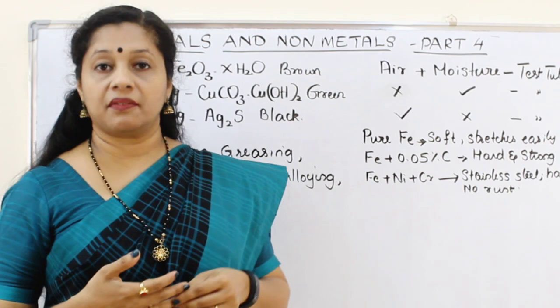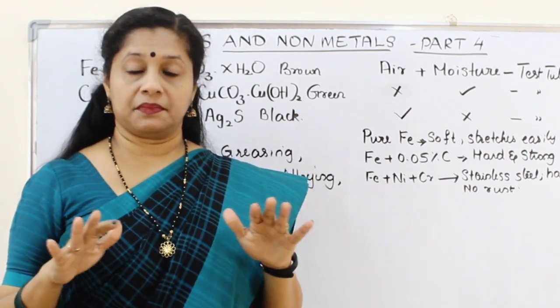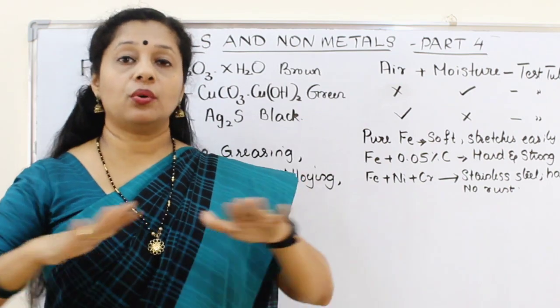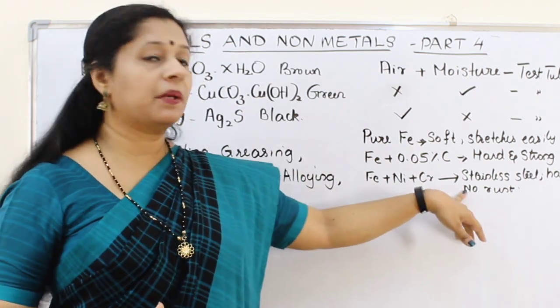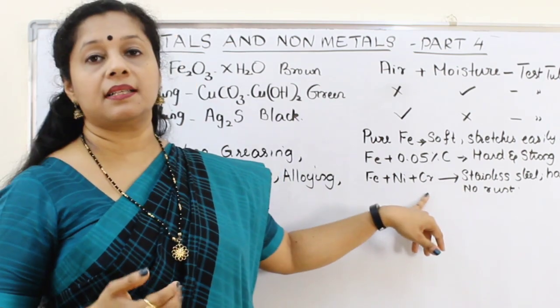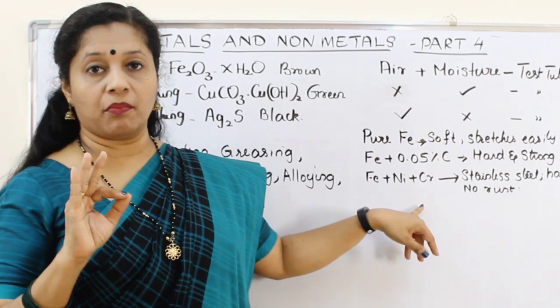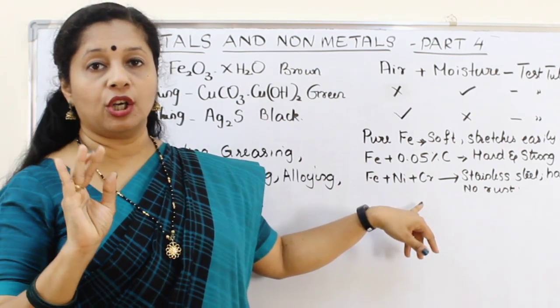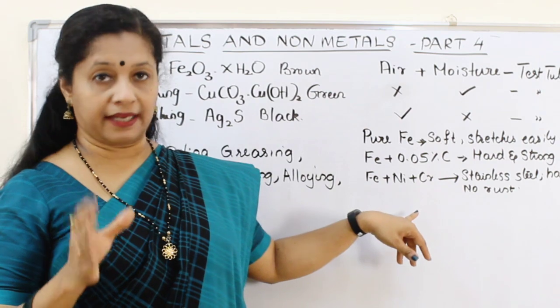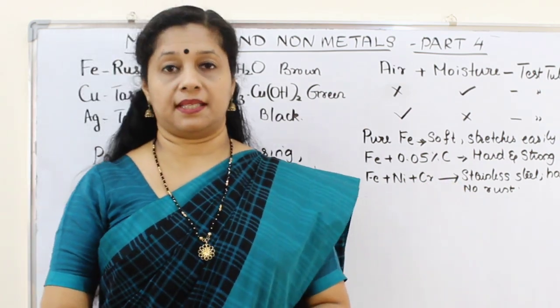So it will prevent further corrosion, and also there is no stain, that is stainless steel. So we are getting many properties for normal iron by combining it with two more metals, nickel and chromium. Stainless steel has three components: iron, nickel and chromium. Compared to normal iron, it is hard and there is no rusting taking place.